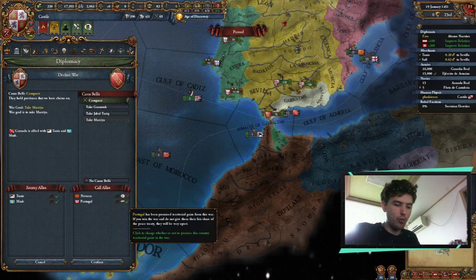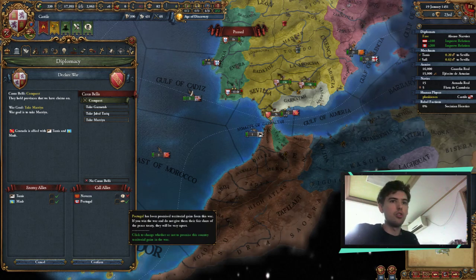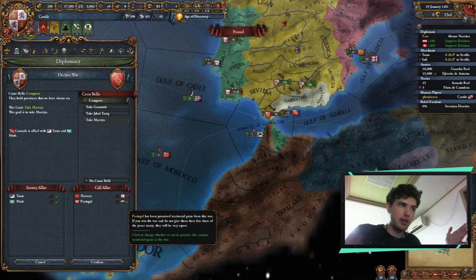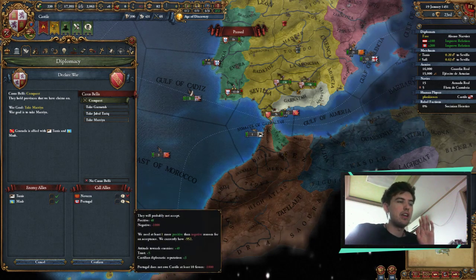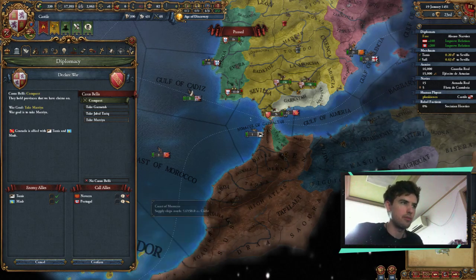We'll help you out. But if you break that promise, if you win the war and you don't give any land to Portugal, then they're going to be very upset with you. They're not going to trust you as much in the future. And if they distrust you enough, they might break the alliance. But we don't want that to happen. So, if they're willing to join without you promising them land, then it'll be just a green check mark.